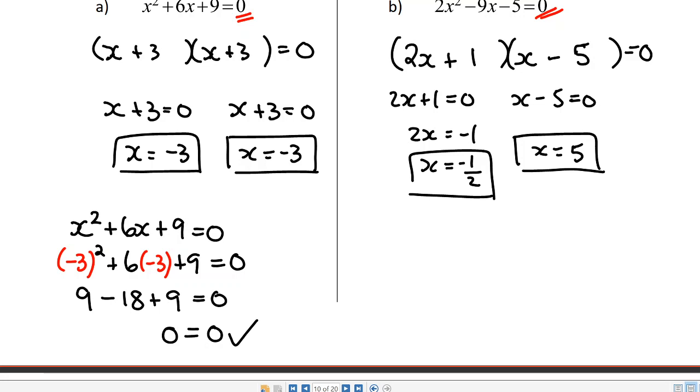So when we have two different answers, we can still check our answers. We can still verify. We're just going to have to verify each answer separately. So 2x squared minus 9x minus 5 equals 0. So we're going to substitute in our values over x.